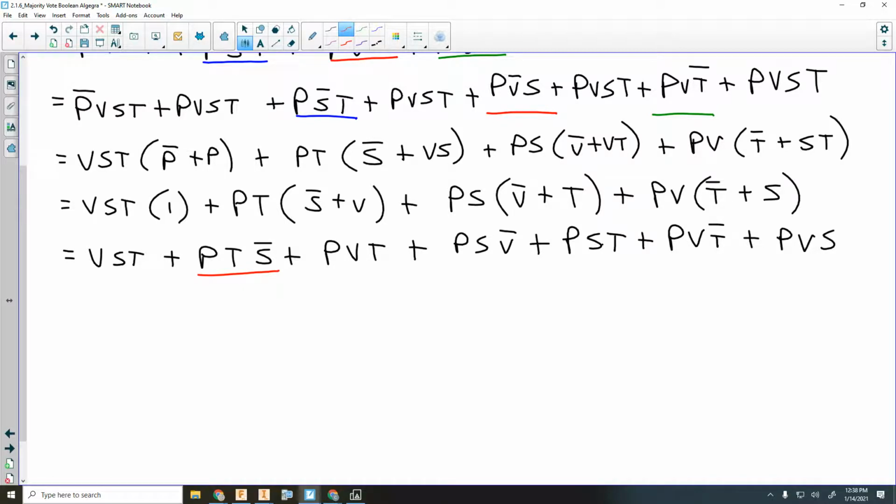Yeah, that will simplify in group with PST. And PVT, that'll group with PVT naught to simplify. Again, just looking to move ahead is all. And then, of course, PSV naught and PVS.